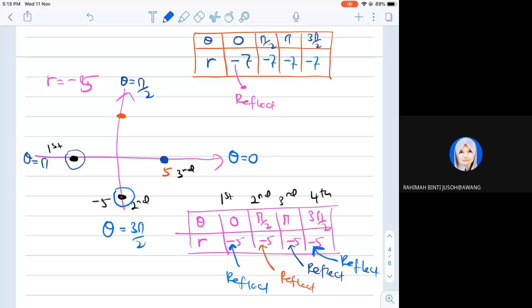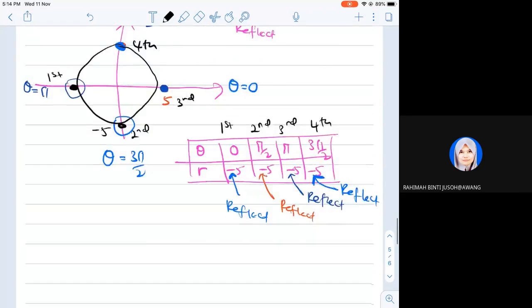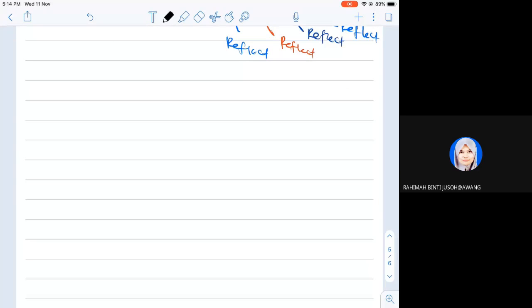Hakikatnya, asal-asal dia berada kat 3 pi over 2, tapi memandangkan R tu negatif, you kena reflect. You reflect, you naik ke atas, somewhere here. Okay, so this is the fourth position, fourth column. So last kali, saya kata walaupun dia negative 5, last kali you dapat bulatan juga. Understand? Faham. Okay, good, because of the reflection rules tadi tu.